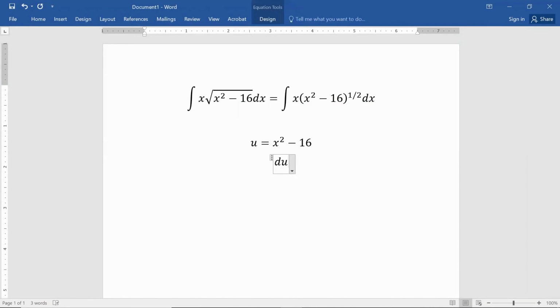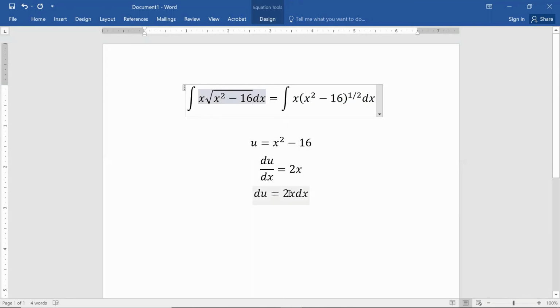The du with respect to x is going to be 2x. That means du is equal to 2x dx. I can factor an x and bring it back to the dx, but that still doesn't give me a 2. So what I can do, if I want, is to divide both sides of this equation by 2. And that will mean 1/2 du is equal to x times dx.